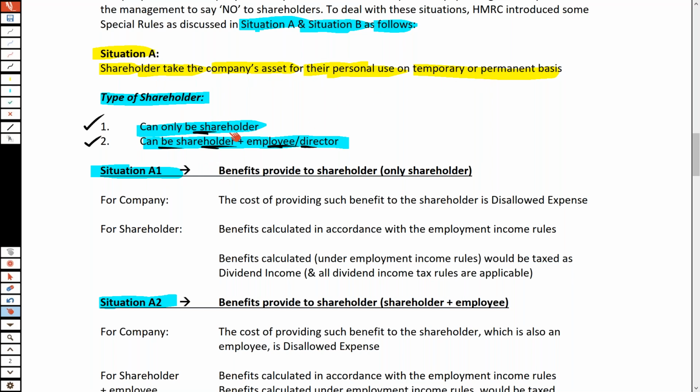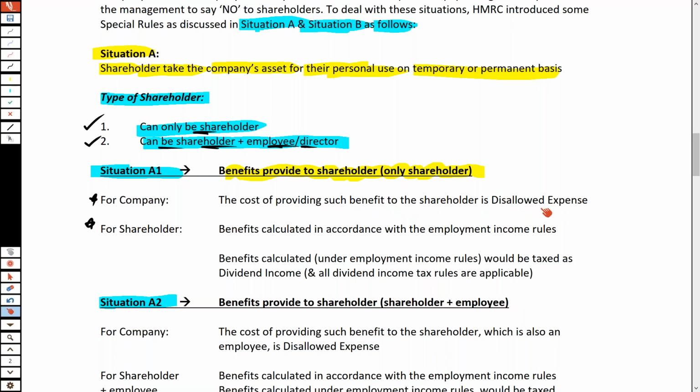The shareholder is only a shareholder, and any benefits are provided by the company to the shareholder. What are the implications for the company and what are the implications for the shareholder? For the company, the cost of providing such a benefit to the shareholder is a disallowed expense.